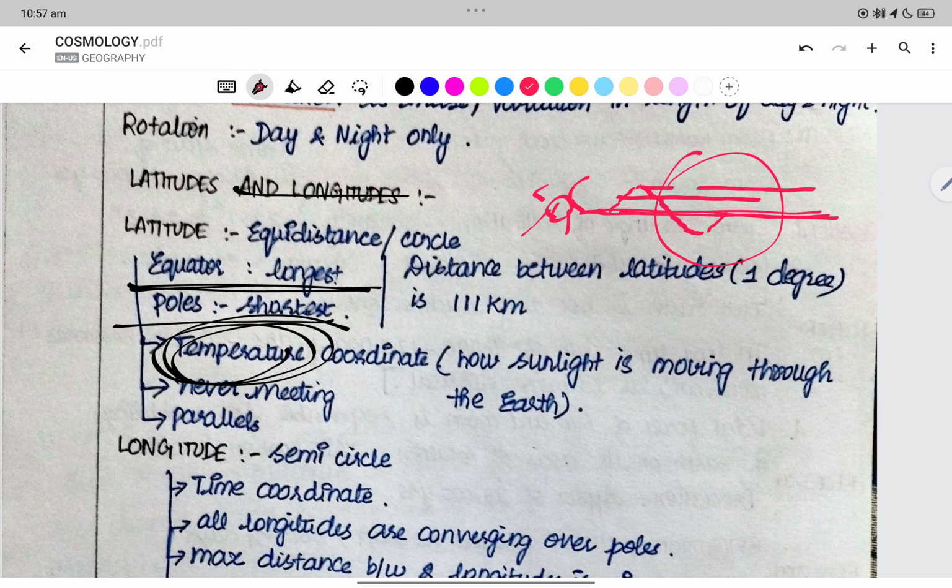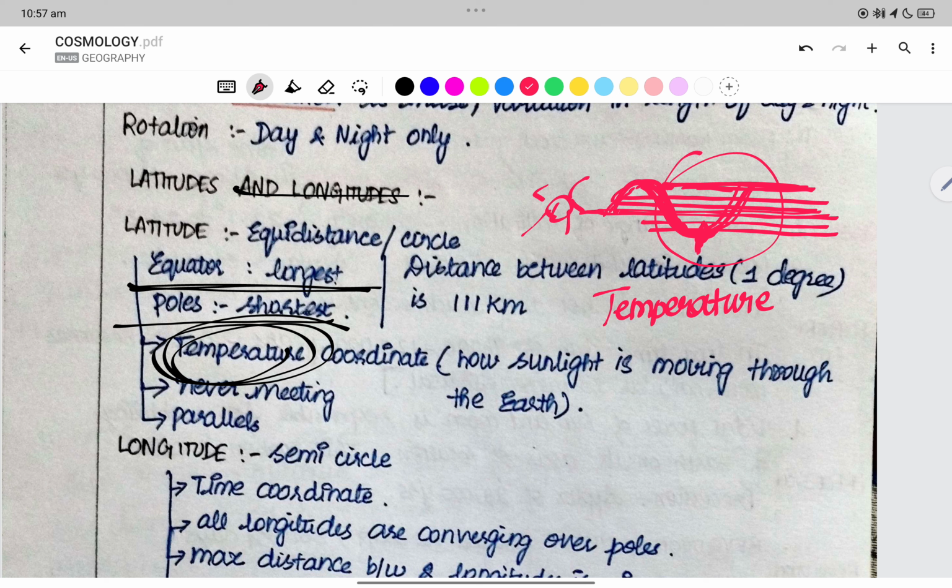So whenever the sun is at the vertical, we have high temperatures, right? The sun goes through this, right? So here we can say that it is hot. If here it is hot, this entire latitude is having cold, right? So latitudes are for temperature coordinates.